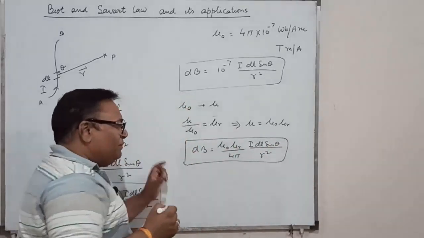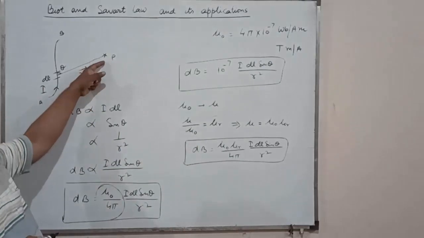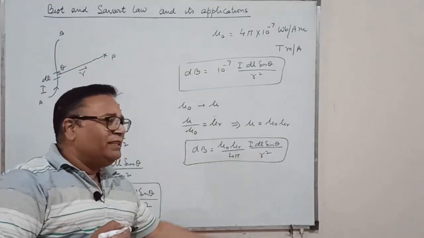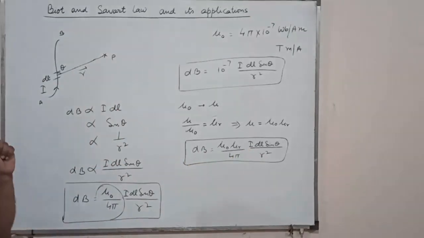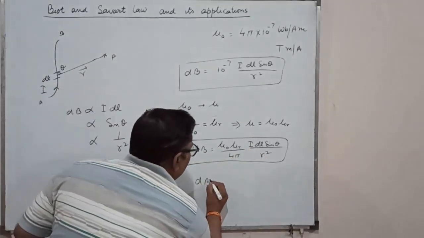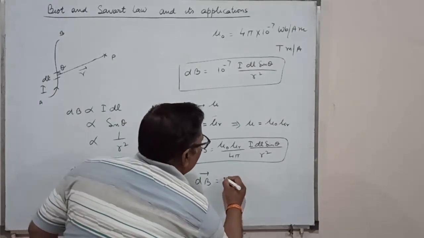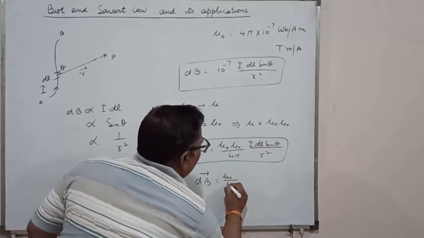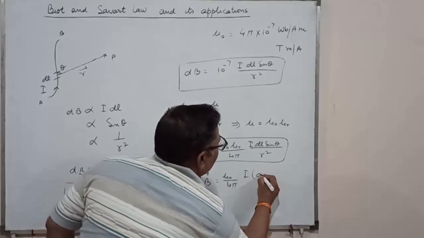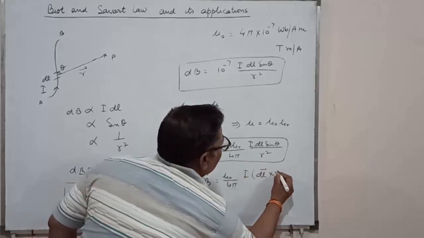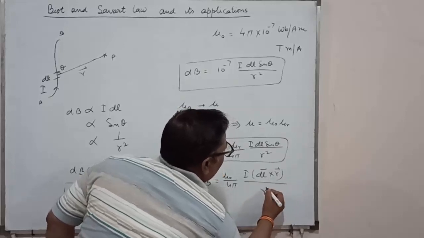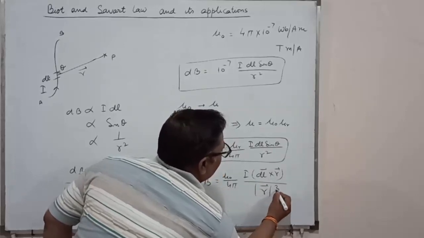If the conductor is placed in a medium and the point also lies in the medium, then the magnetic field intensity is given by this expression. In vector form, it can be written as dB is equal to mu 0 upon 4 pi, I dl cross r upon r cube.